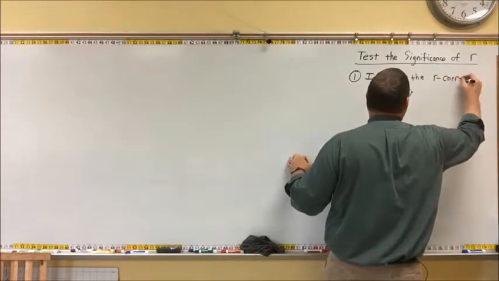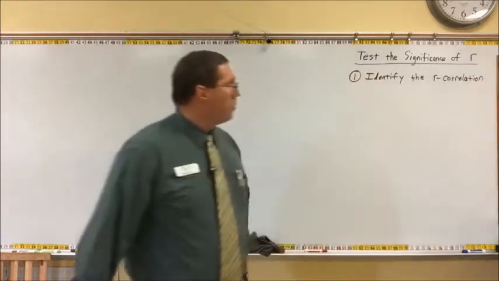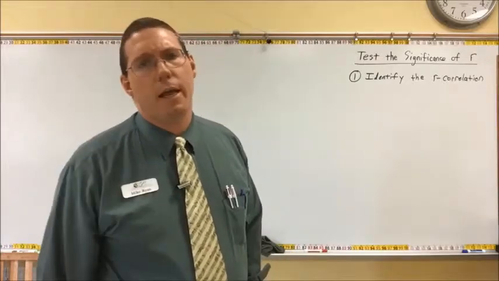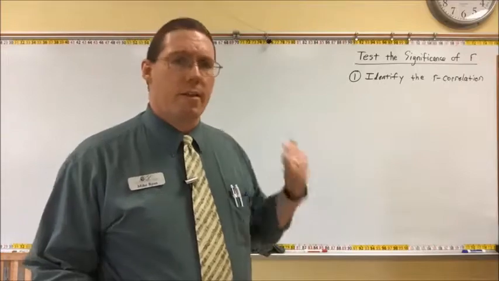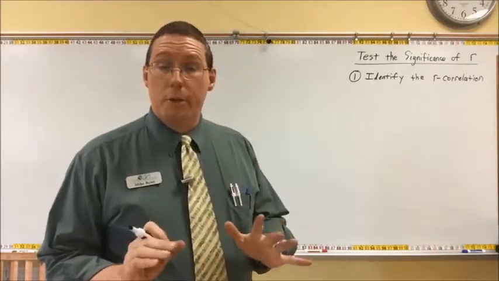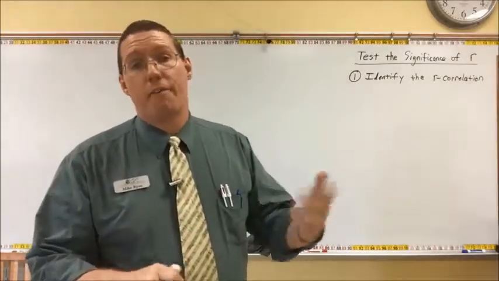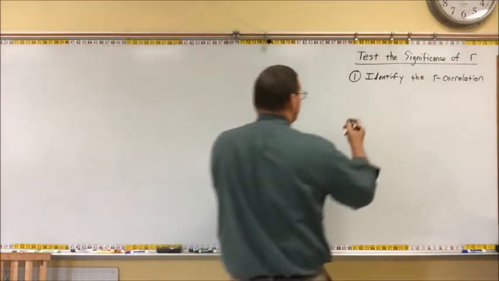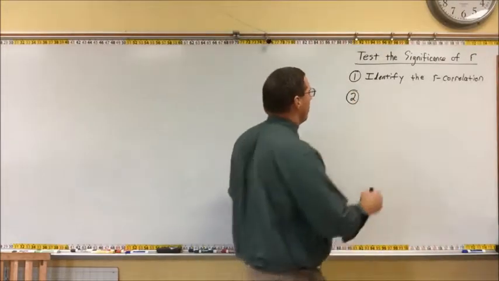So you want to go into Excel, or maybe you're using SPSS or a TI-84 calculator, however you're going to identify the R correlation. Bear in mind, I taught you how to do this in the last class, so you should be able to do exactly what you did in the previous class: enter the data from the two columns and find the correlation between the two variables. Okay? Once you have the R correlation, then you're going to state your null and alternative hypotheses.